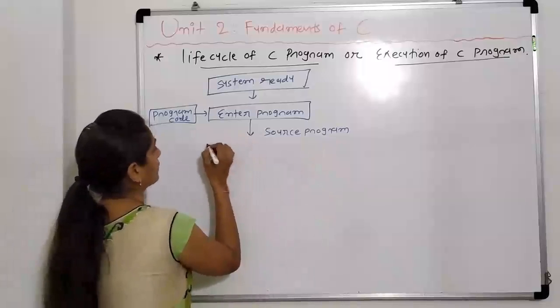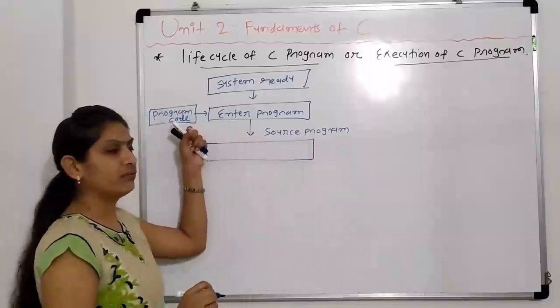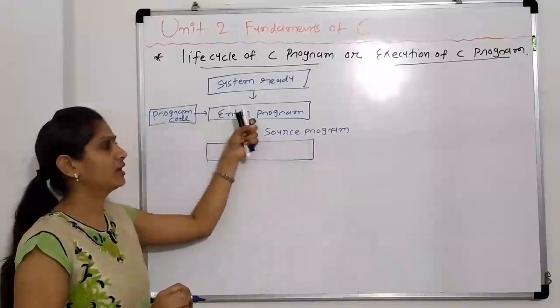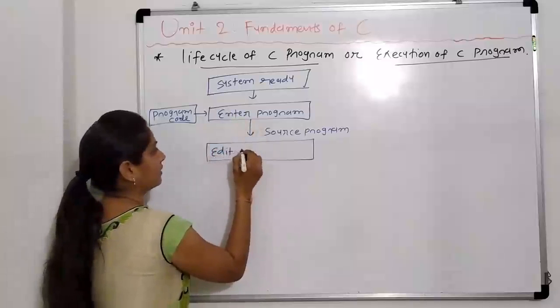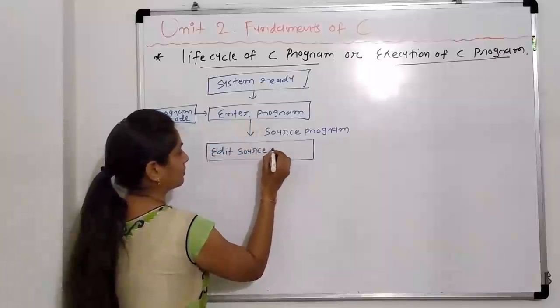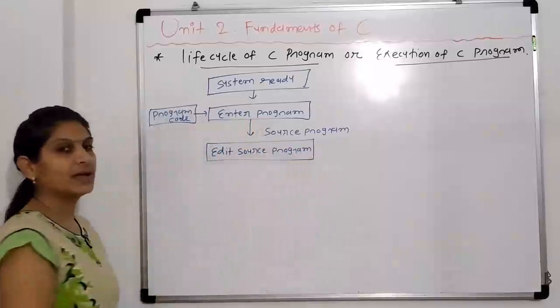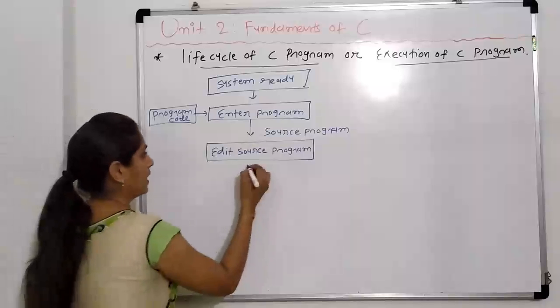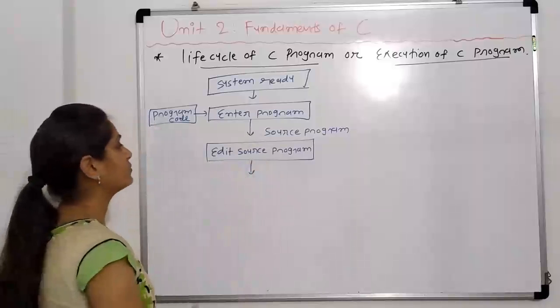Now after that, if you want to change something in the previous coding or in a program, then you can edit that source program. Next step is edit source program. After editing, the final program is there. Now we have to compile.